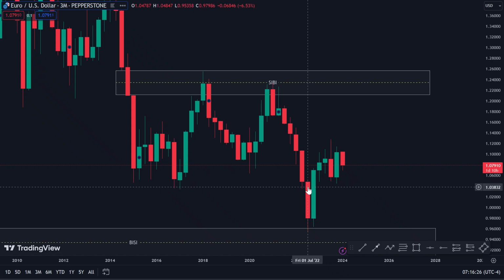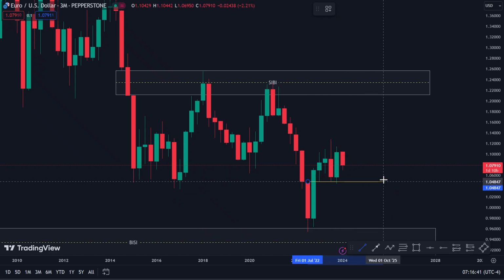And friends, this down close candle forms our ICT bullish order block. This is our bullish order block.